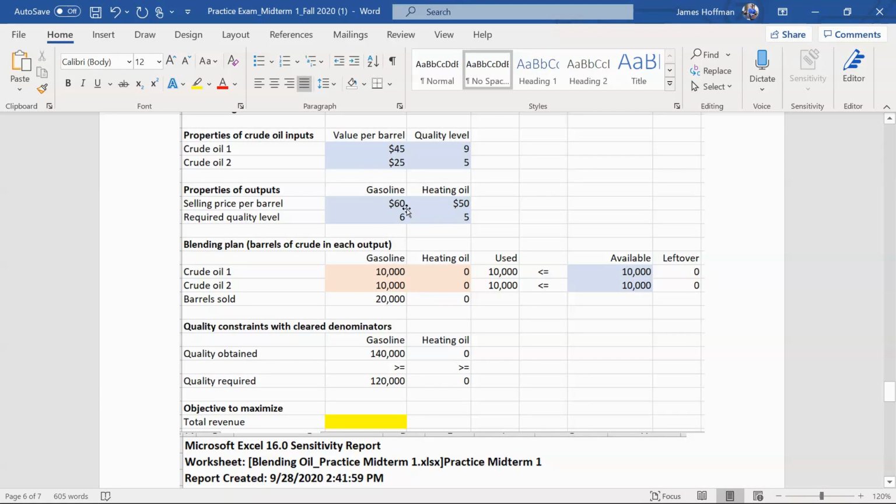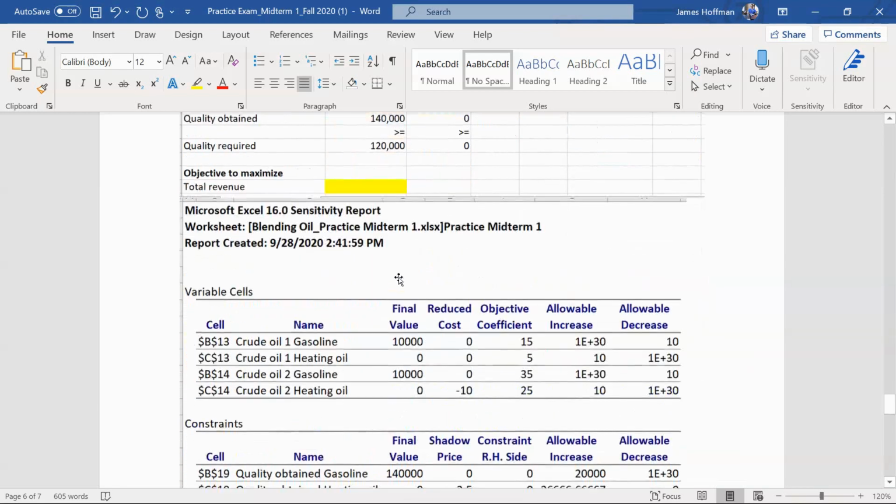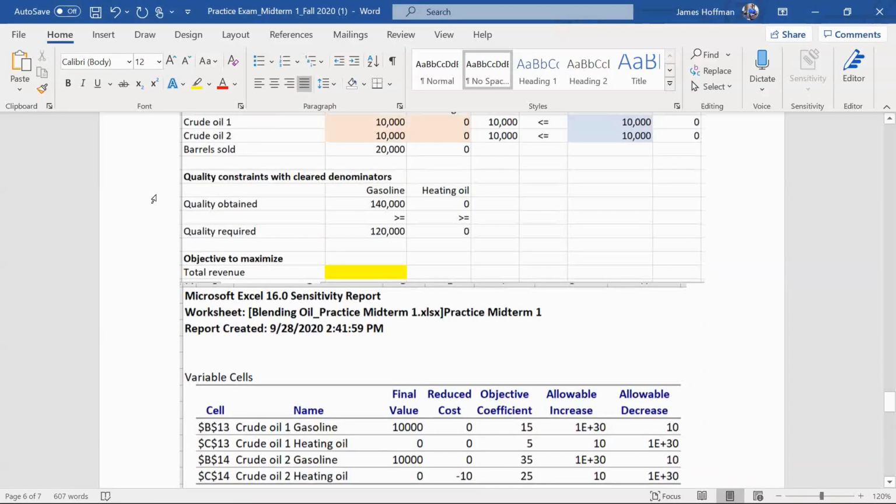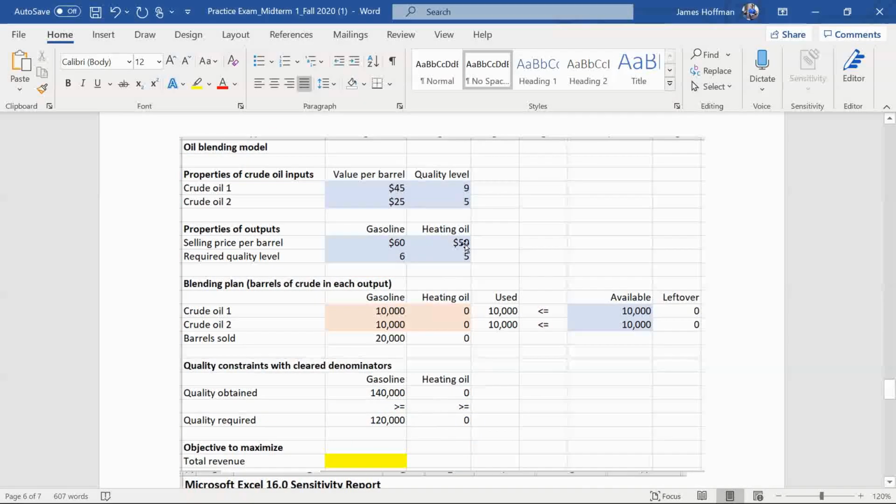So we sold gasoline at 60, and we sold 20,000 barrels. Okay, we can sell heating oil at 50, but we didn't sell any. I'll put it in there anyway, so the price of 50, none sold, so it's 50 times 0.